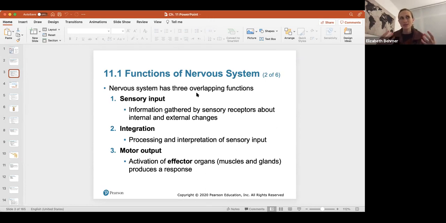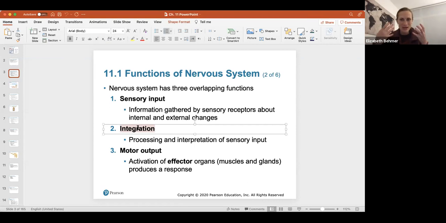Usually the sensory neurons take in all the sensory stimuli and send it to the brain and spinal cord, where integration occurs and the interpretation is processed. Then there's some sort of motor output or response, which is the activation of an effector organ like your muscles and glands to produce a response. That's a really simple way to describe the nervous system.